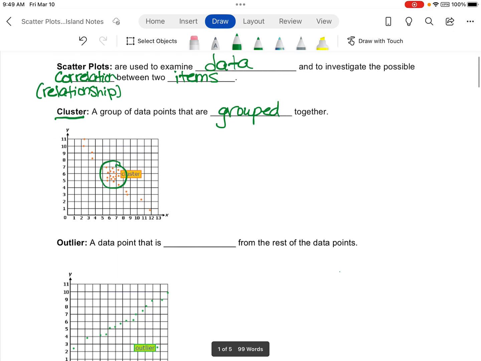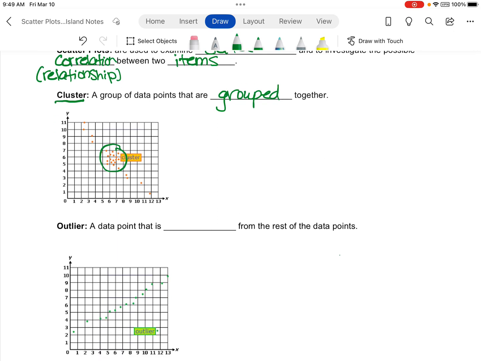Okay. Scatter plots could also have outliers. An outlier is a data point that is away from the rest of the data points. So you can see that that outlier is nowhere near the other green data points. Okay.